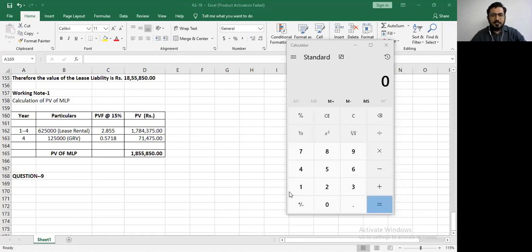Right, so he says because present value of MLP is greater than 90% of fair value. In fact, let me tell you, it is exactly 100% of the fair value.